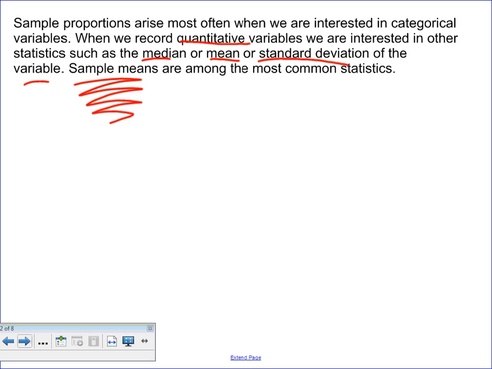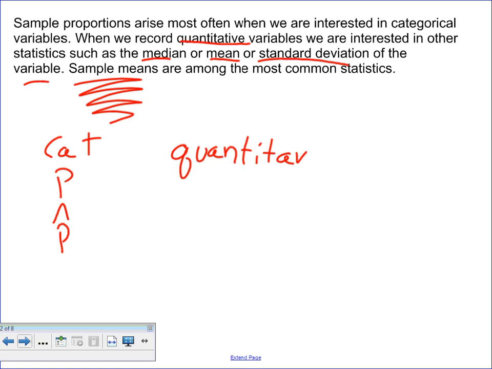So if it's a categorical variable, we're chasing p and we're estimating it with p hat. If it is quantitative, remember quantity means count, something we measure, then we're generally going to be chasing mu and estimating it with x bar.